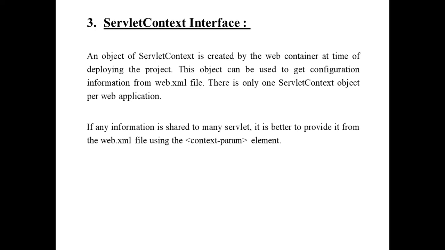An object of ServletContext is created by the web container at the time of deploying the project, and this object can be used to get the configuration information from the web.xml file. There is only one ServletContext object per web application. If any information is shared with many servlets, it is better to provide it in the web.xml file using the context-param element.